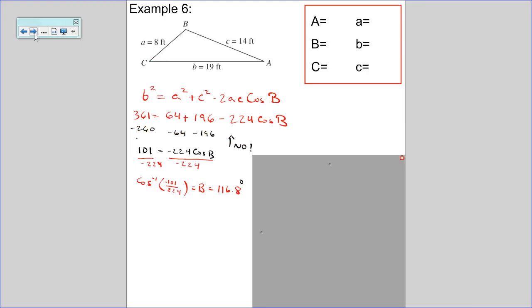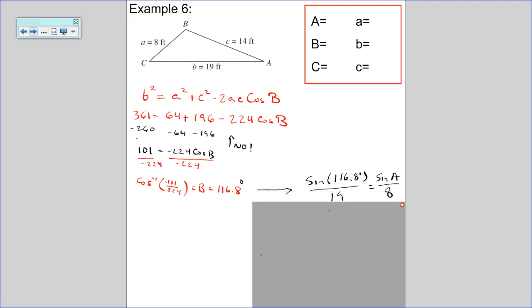Okay, now once you do that, you're going to need to find angle A and angle C. And you're going to have to do that using the law of sines. I always find the smaller side first, just out of habit. So I set that up, or I'm sorry, the smaller angle.